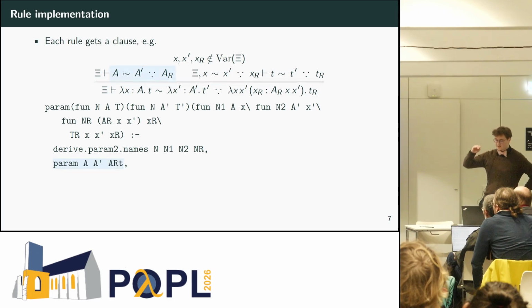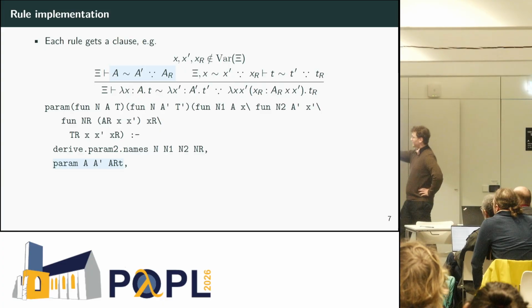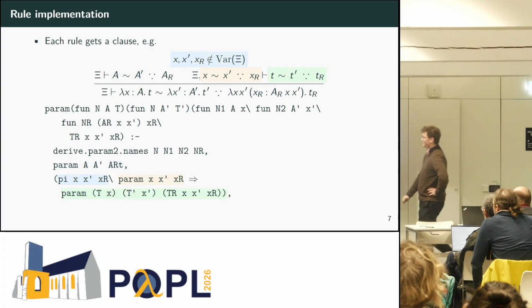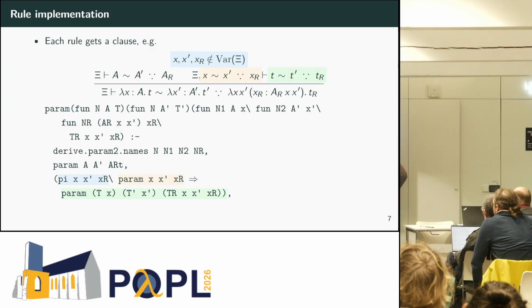That's not really relevant. Then we query the context for the translation of the type, and then we universally quantify over three fresh variables, assume that they are related, and then ask LP to give us the outputs t prime and tr with the right variables in scope.